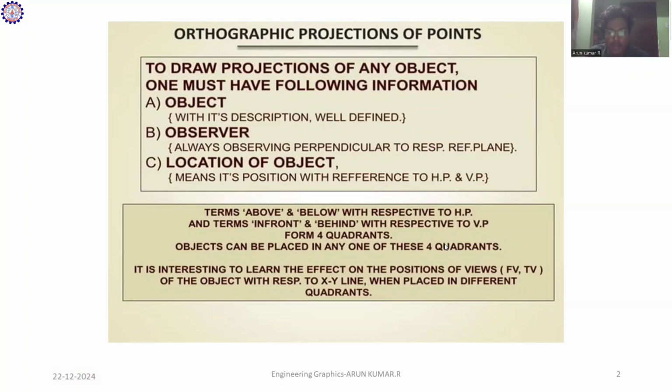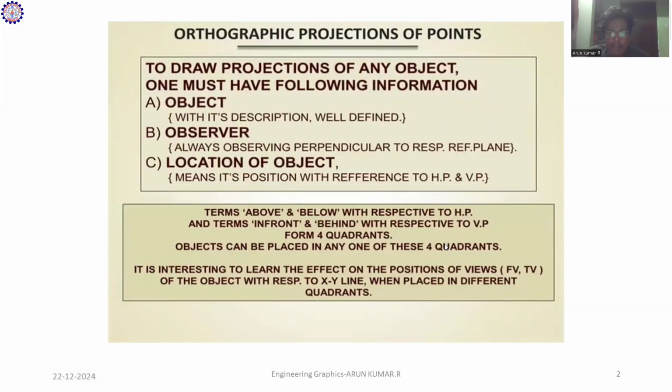So we have four terms to discuss: above, below, in front, behind, with respect to HP and VP. These form the four quadrants. The objects can be placed in any one of these quadrants.